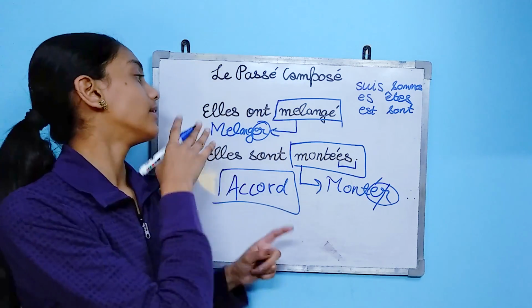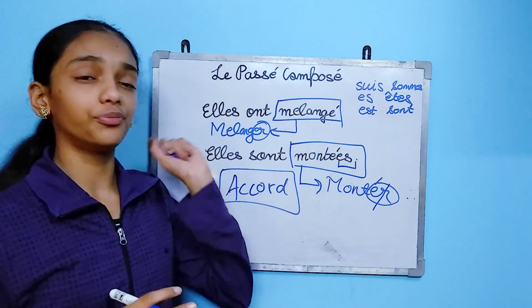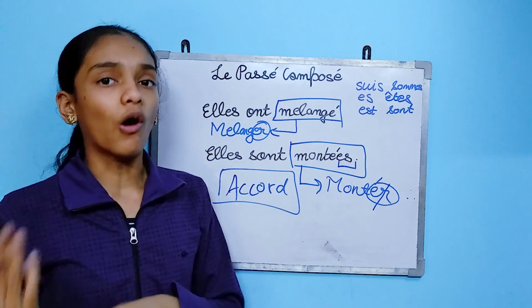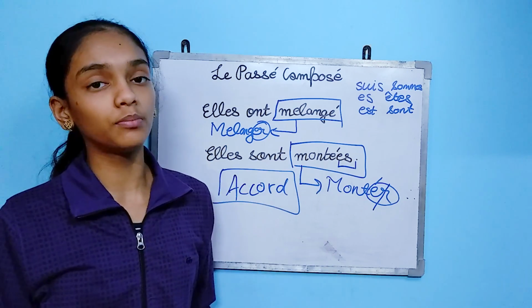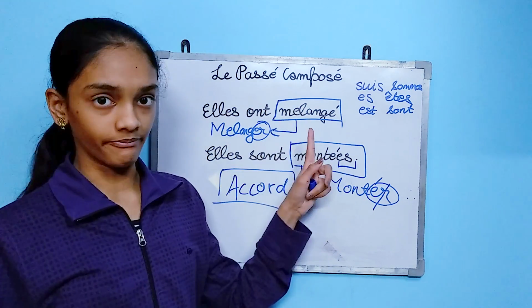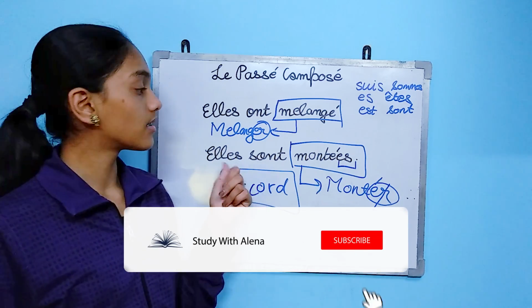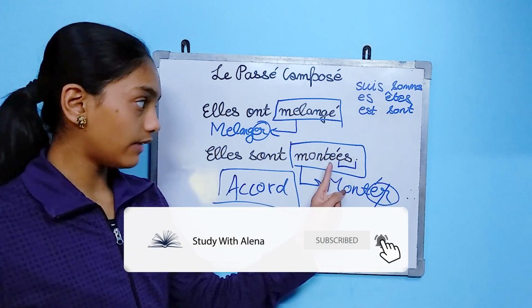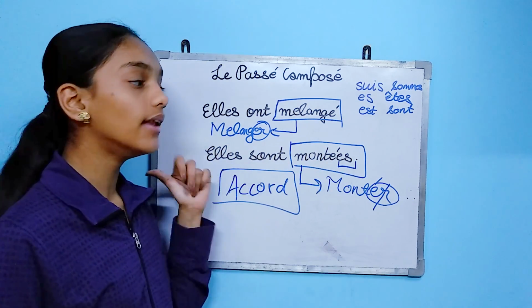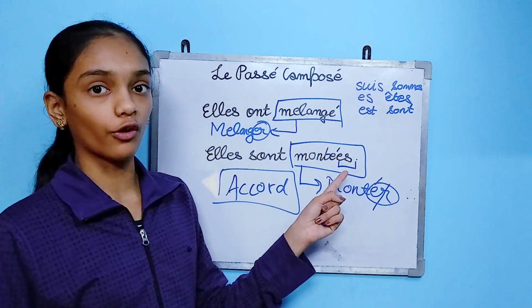But in avoir, that is not the case, whether it be feminine singular or plural or masculine plural, everything would be same. But in être, if it was feminine, we added an extra E for that. It was plural and we added an extra S for that.